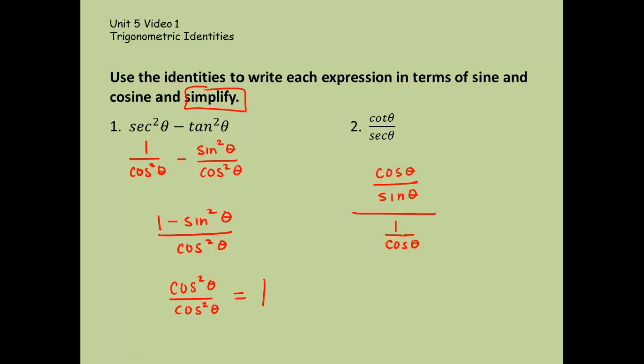Using what we know about dividing by fractions, this is really cosine of theta over sine of theta times the reciprocal, which is cosine of theta. So this simplifies to cosine squared of theta over sine of theta. There's no other way to simplify this more. I've got it in terms of sine and cosine, and I've simplified it completely. So this is my final answer for number 2.